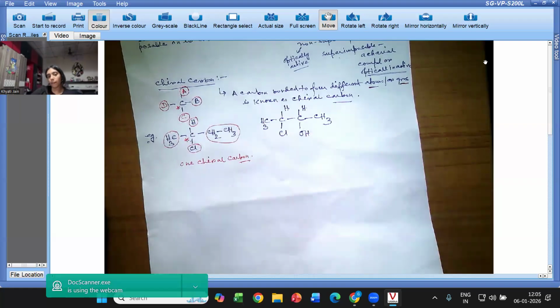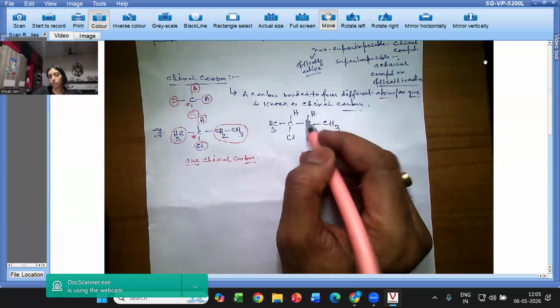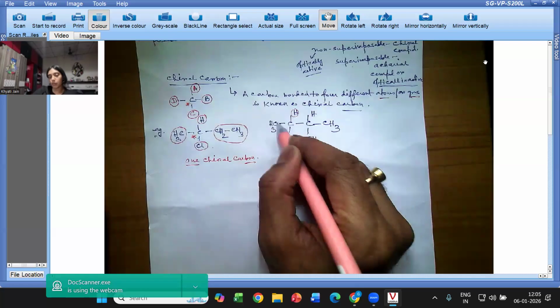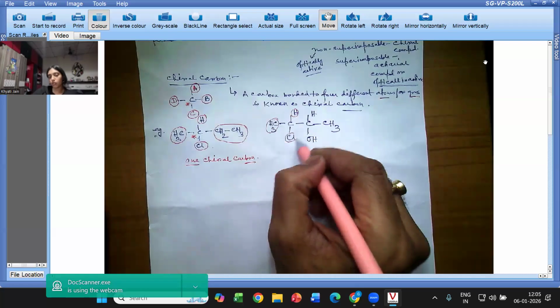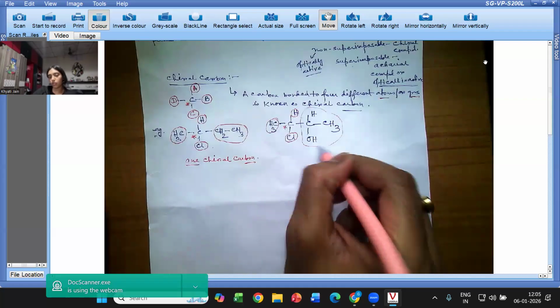Tell me this example, how many chiral centers are there? This is only one. Tell me how many chiral centers. Quickly tell me. Okay, let me explain. This is two. Suppose this carbon, this is only one, two, three, and the whole group. So this is one.